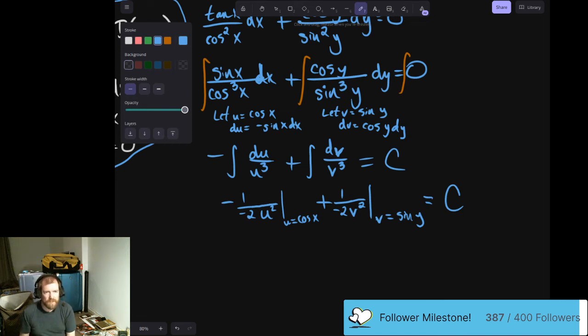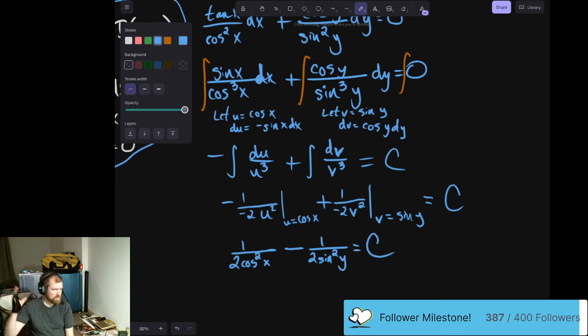Alright, with that, this is going to be a positive 1 over 2 cosine squared of x, minus 1 over 2 sine squared of y, equal to c.